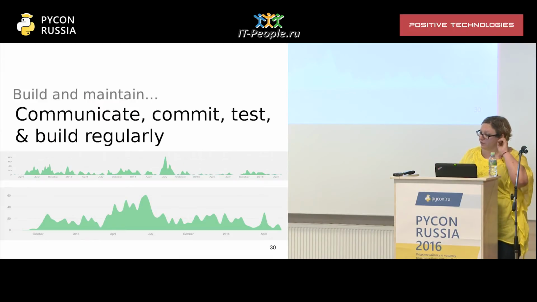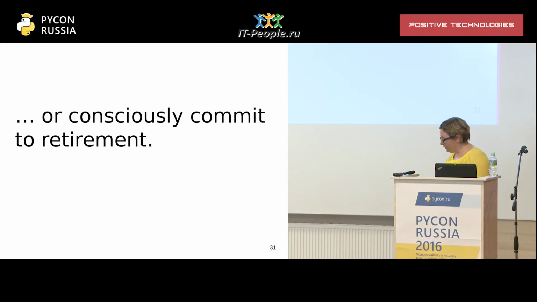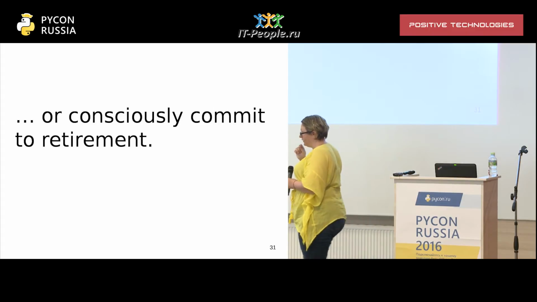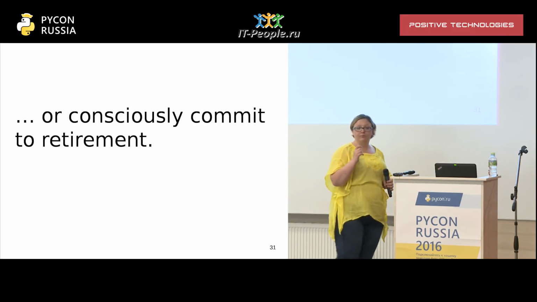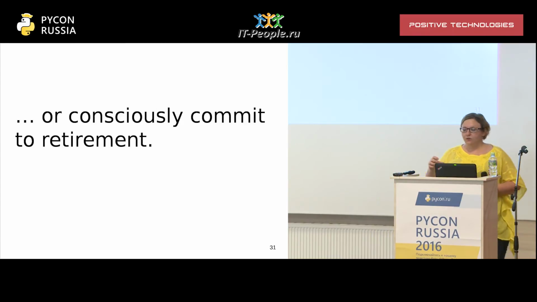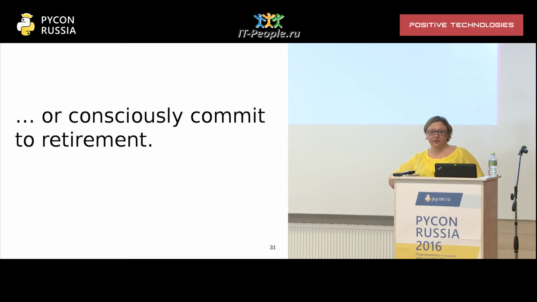So communicate, commit, test, and build regularly. Or, for your users, consciously commit to killing your project or labeling it that you've walked away. Not killing it necessarily, but that you've walked away and you need another maintainer, but set that expectation.